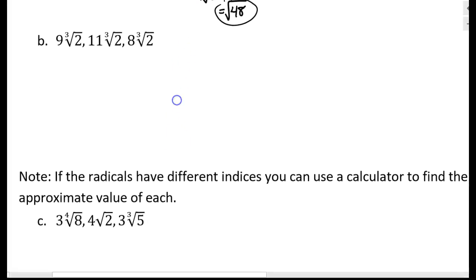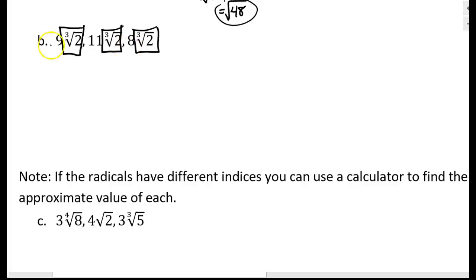But for B, we actually have all the same radical, which is the cube root of 2. In this scenario, if we're dealing with everything being the same, we can compare them directly. So we've got 9 cube root 2's, 11 cube root 2's, and 8 cube root of 2.